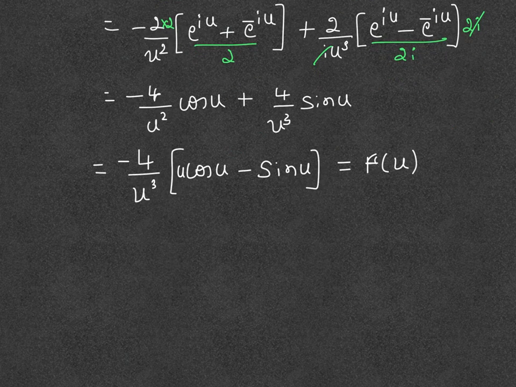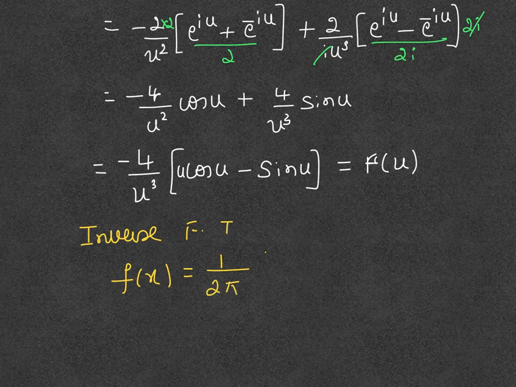Now to prove the required result, we use the inverse Fourier transform. So inverse Fourier transform is given by f of x equal to 1 by 2 pi integral minus infinity to infinity f of u e power minus iux du.